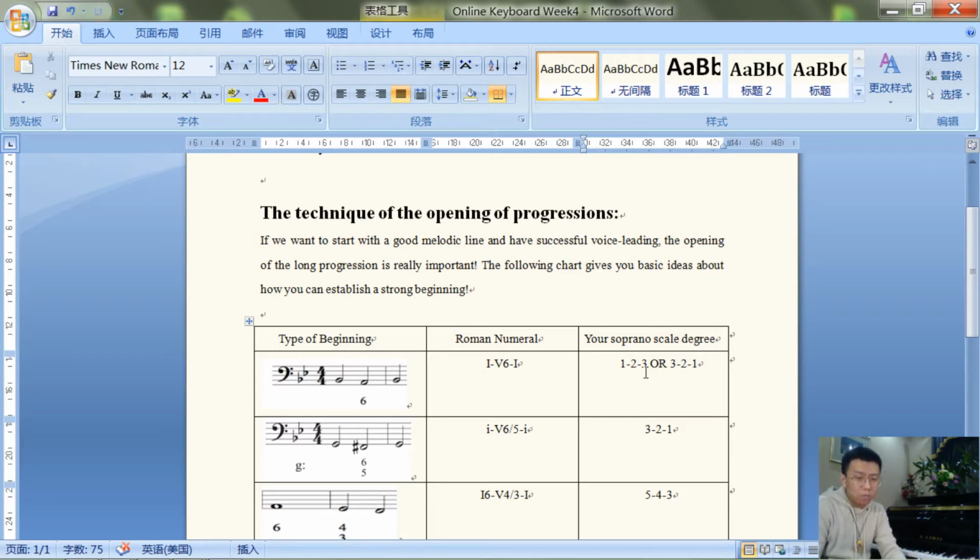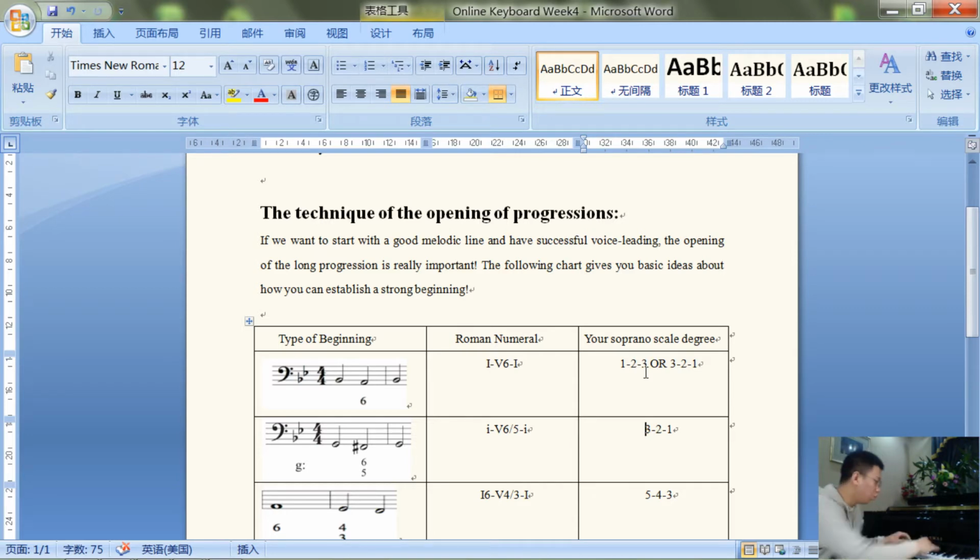However, remember, if you do the 1-5-6-5 to the 1, the 7th of the 5-6-5 chord must be resolved down by a step, to the B flat instead of going to D. So that's a problem, and we cannot use 1-3 in the beginning.